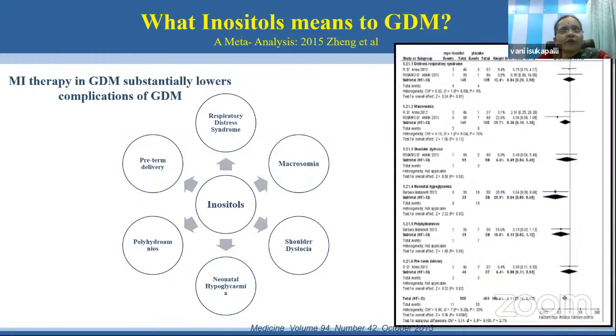So therefore, myoinositols reduce the respiratory distress syndrome, they reduce macrosomia, they reduce shoulder dystocia, and reduce the incidence of neonatal hyperglycemia, polyhydramnios, and preterm deliveries. All these were studied in various studies, and these were the probable conclusions out of them.